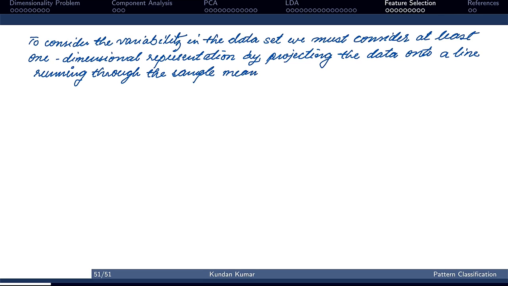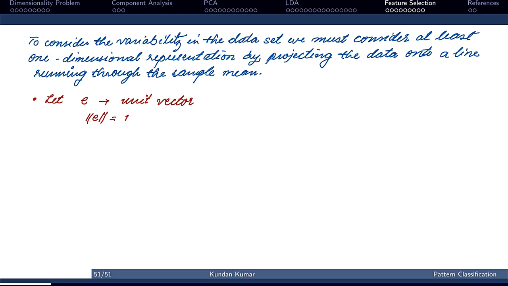So what do you mean by this? For this we can consider that E is basically a unit vector. Unit vector means that its magnitude or norm should be 1.